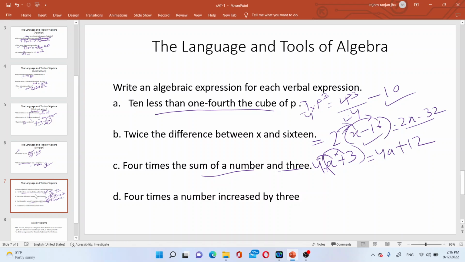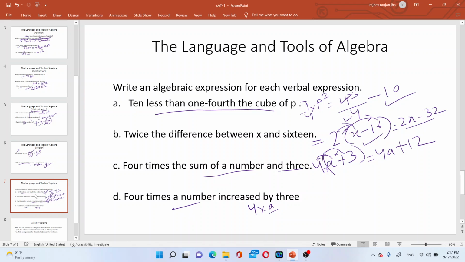Fine. Now you see the next statement, that is the D, is almost similar, but it has a very different algebraic expression. So everything will change. 4 times a number increased by 3. Here also the number is not given to you. So I also assume here also an unknown number. So 4 times a number, that is a, not given.